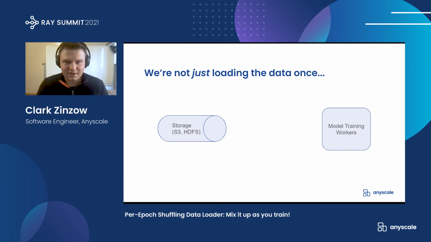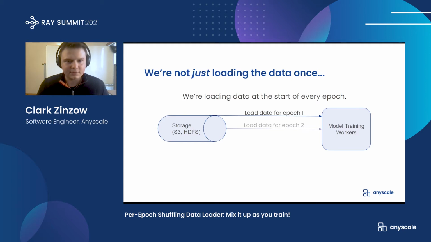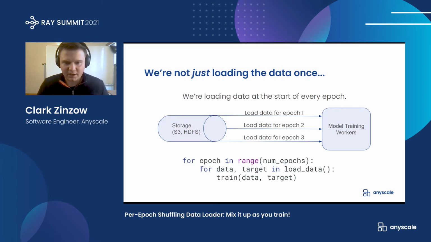We're not loading the data just once. We're actually loading the data at the start of every single epoch. So if data loading ends up becoming expensive, you're not going to just have to absorb that expense once at the beginning of training. You're going to be hitting that expense at the beginning of every epoch, and it can really slow down your training.